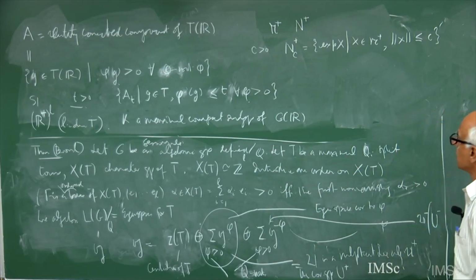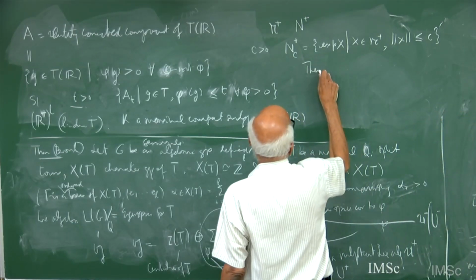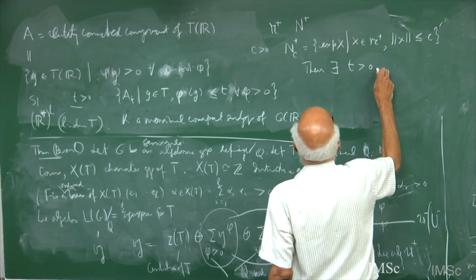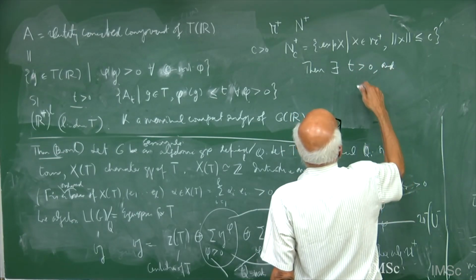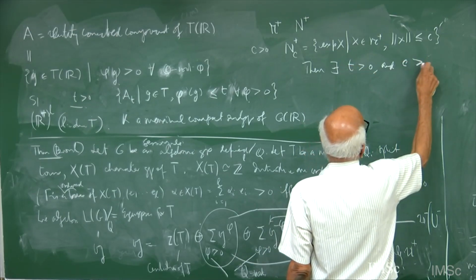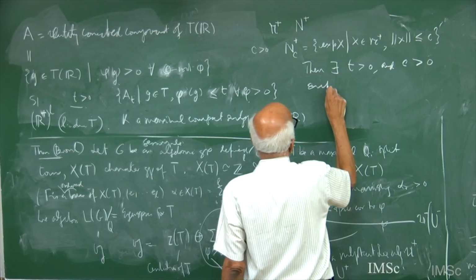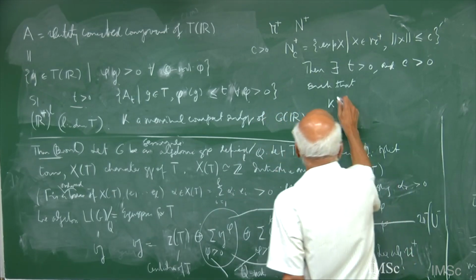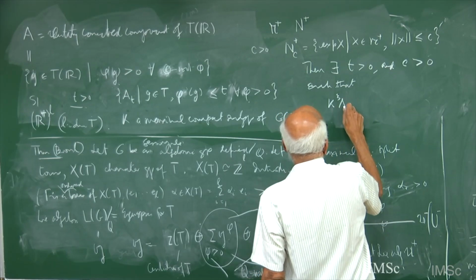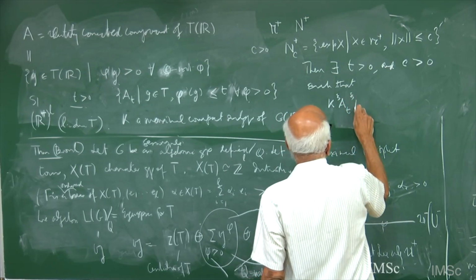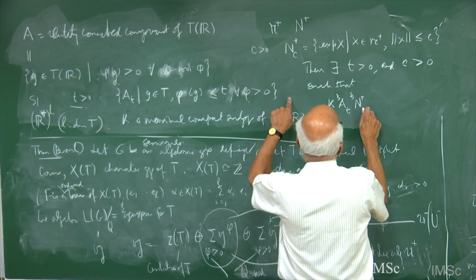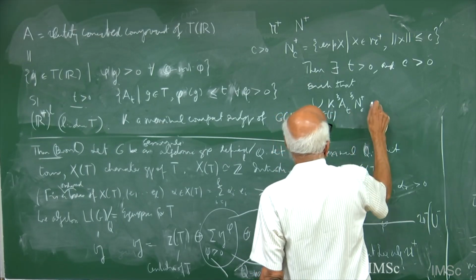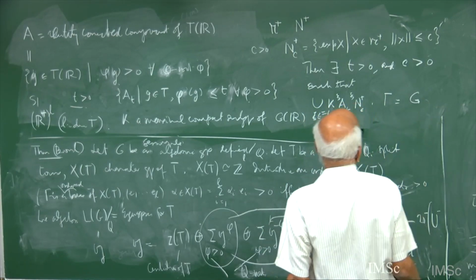Then there exists t greater than 0 and c greater than 0 such that K, psi, AT, psi, N plus c, union over psi in the finite set, times gamma, is all of G.